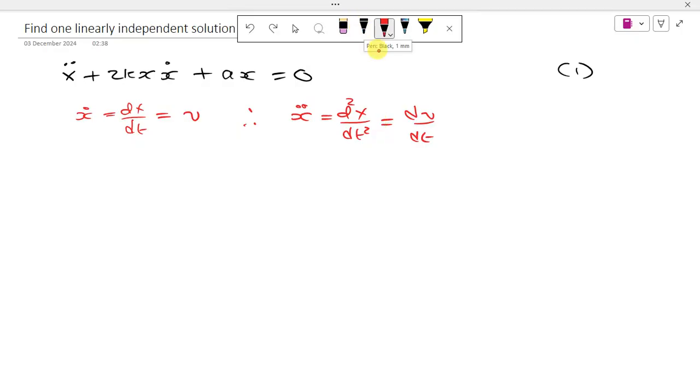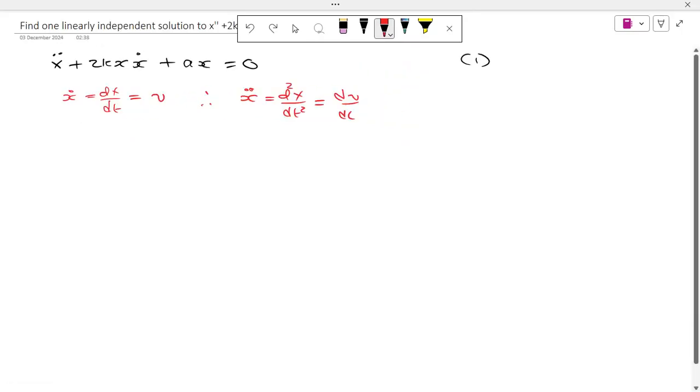So what we do is we use the chain rule over here, and we put the dt over here, and we write dx there and dx there. Now you can see if we cancel those dx's, we're still left with dv by dt.